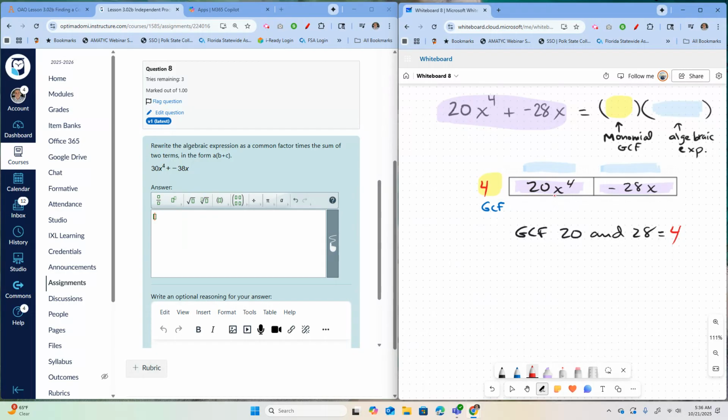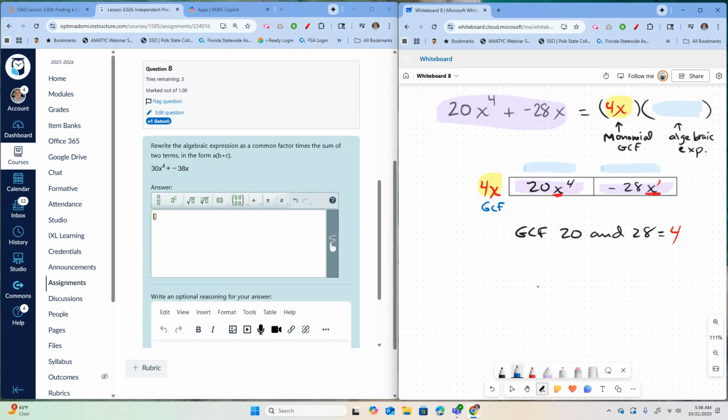And to find the GCF of the letters, I'm going to make sure that I have the letter x in common in each term. So I do. And we're going to pick the x with the smallest exponent. The first one is x to the 4th power. The other one is x to the 1st power. So the smallest exponent is x to the 1st power. But again, I'm not going to write the exponent 1. And look, I got my GCF.